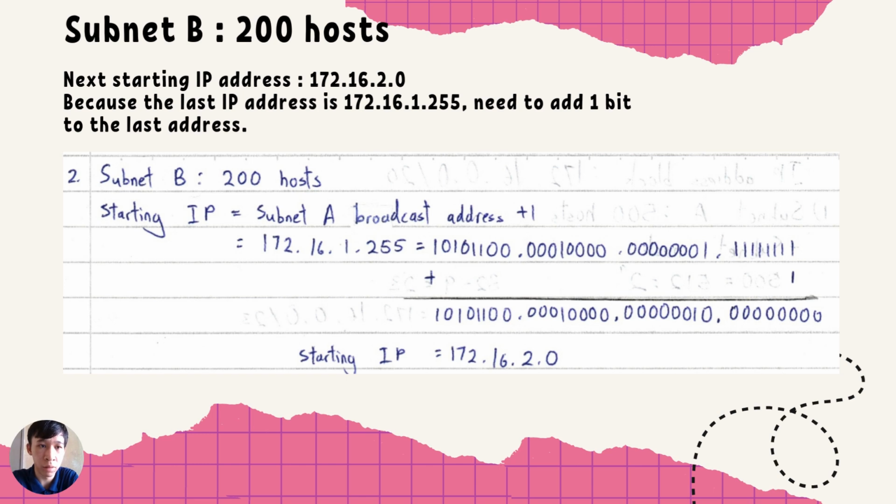To start the new subnet calculation, we take the broadcast address from subnet A and add 1 bit. We convert it to binary first and add 1 bit, and we get the starting IP, 172.16.2.0, for this subnet B calculation.